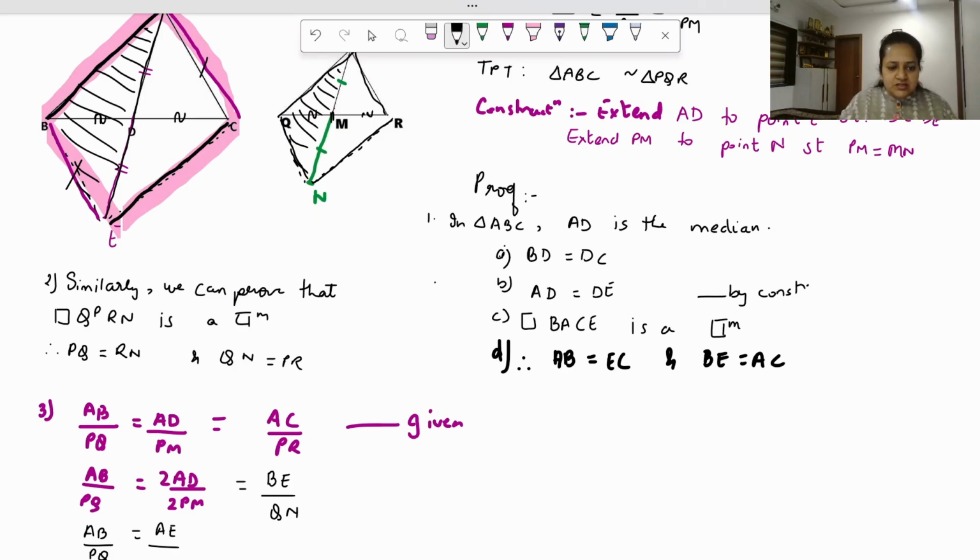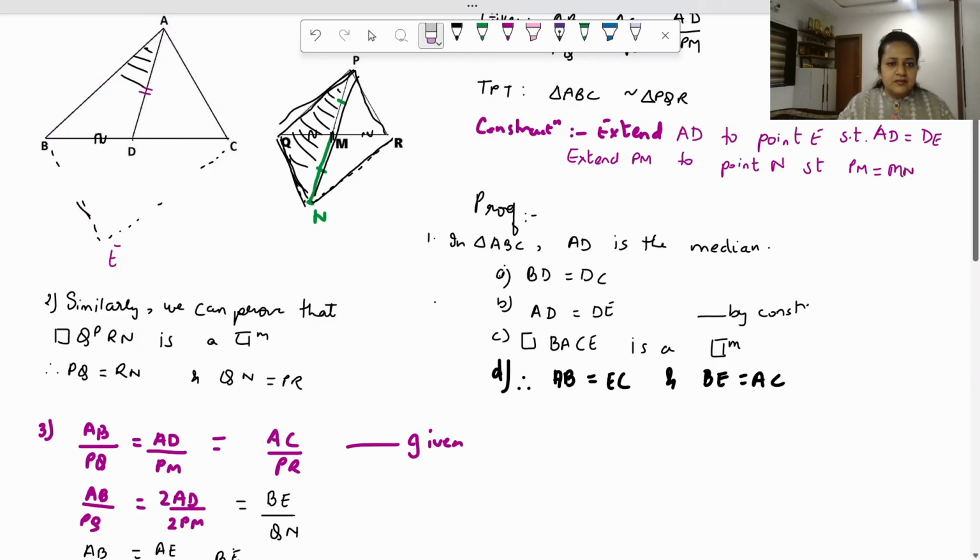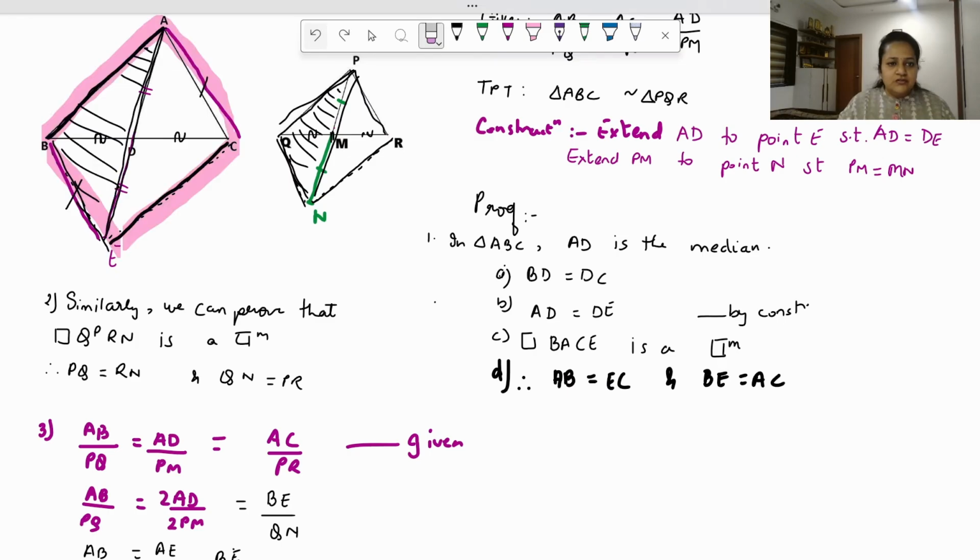And double of PM is equal to PN, is equal to BE upon QN. See what did we get? We got AB, AD, AE and BE, PQ, PN and QN, right? We got all of this.